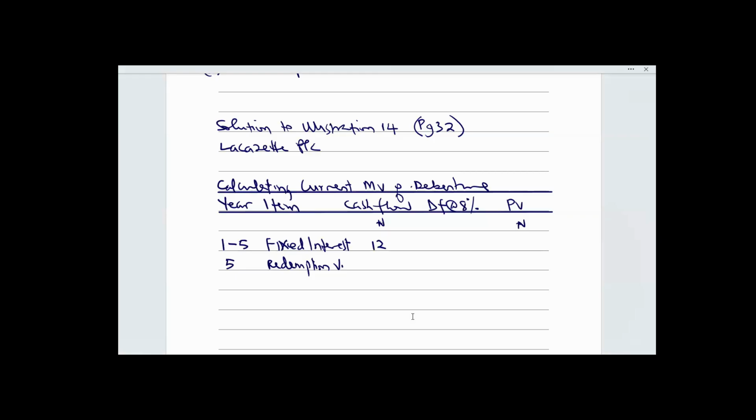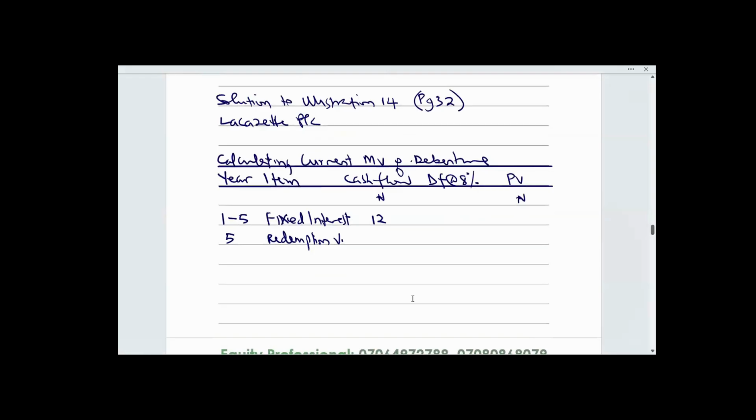So how are we going to redeem this debenture? At par, at premium, or at a discount? We are told at 100 naira. So that's at par. Therefore, I need to calculate the annuity factor of year 1 to 5 at 8%.